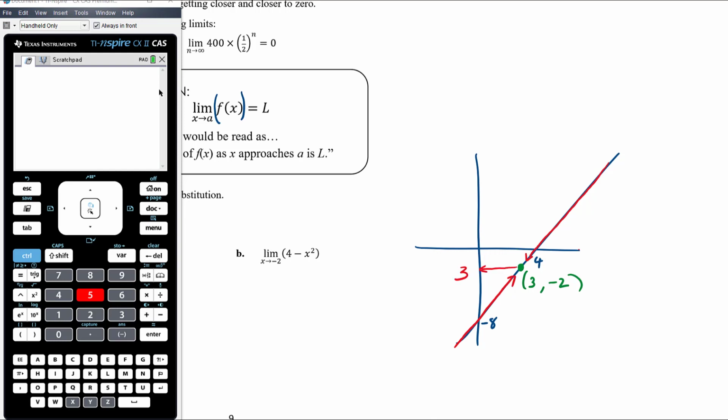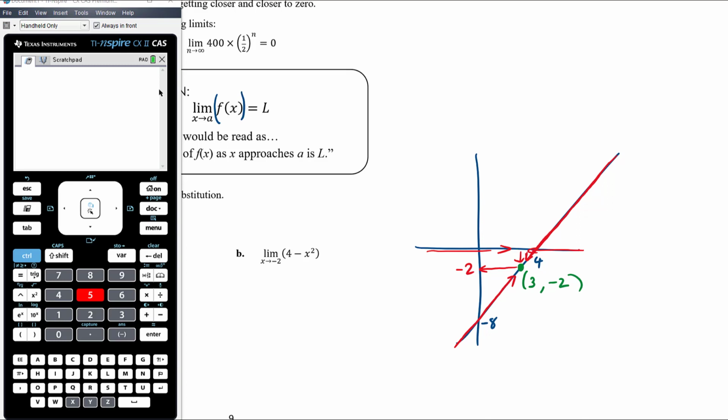I'm approaching a value of, sorry, it's not 3, it's negative 2. So as my x value gets closer to 3, my y value gets closer to negative 2. And in this case, it can actually equal negative 2.